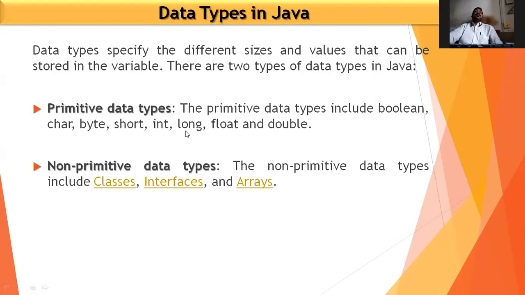Character, byte, short, integer, long, float, and double are all available in Java. Because of this, the source code of Java is very strong and gives strong web applications as well as Windows applications and console applications.